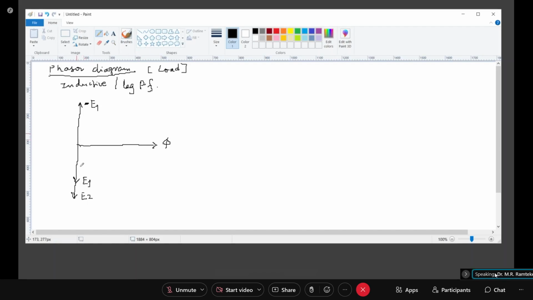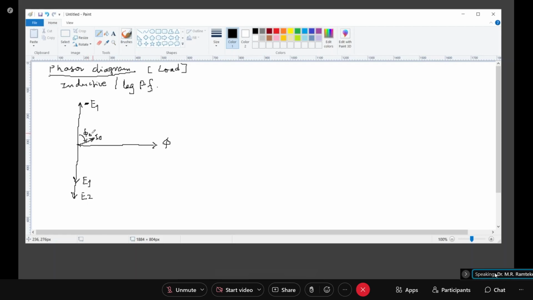Clear? Now when the machine is there, it will draw no load current, which will have a large phase angle under no load, that is, the power factor is very low. So it will draw a small current called the no load current, I0. And this angle we call the no load phase angle, phi 0.